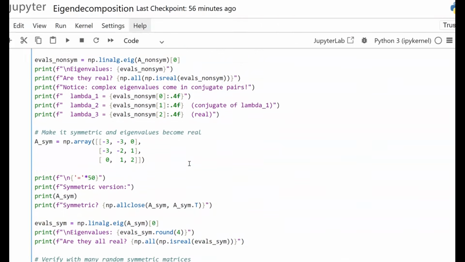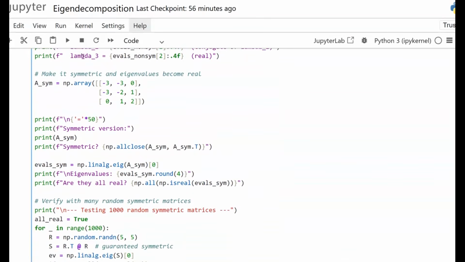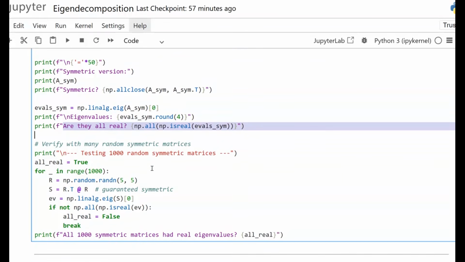Here we have the symmetric version of the matrix, and evaluating it returns true, matrix is symmetric, and also returns true because all eigenvalues are real. Let me see on execution.